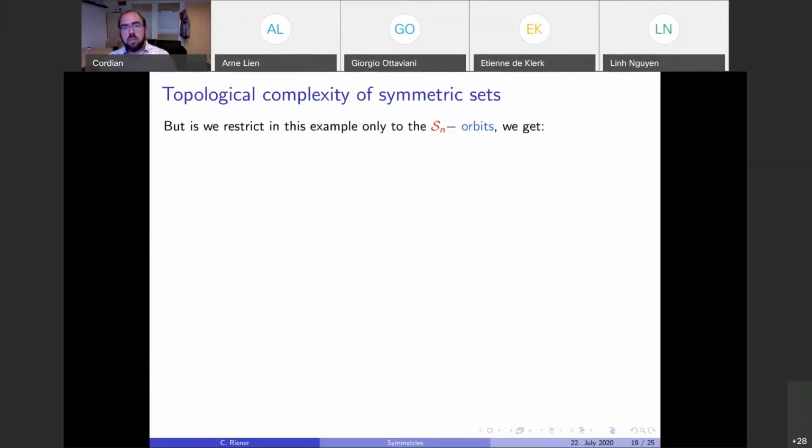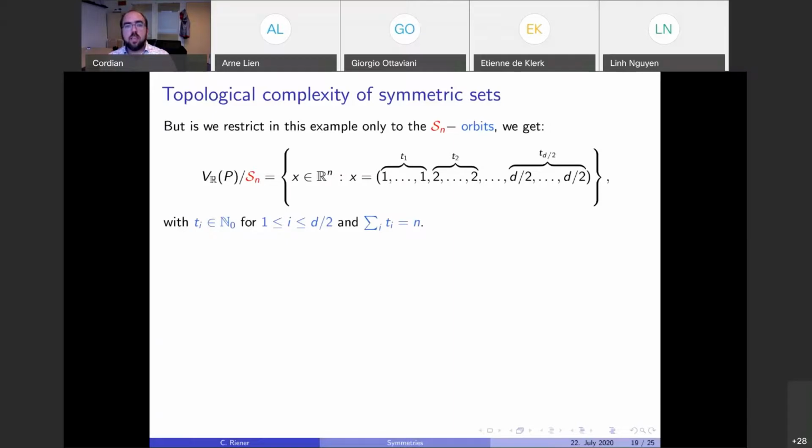But now, if we do something very simple, if instead of looking at all of the points, we identify points that are in the same orbit, so we only look at the orbits. Then, if we look at this quotient, all the points are in the same orbit if I can order their coordinates in an increasing way.